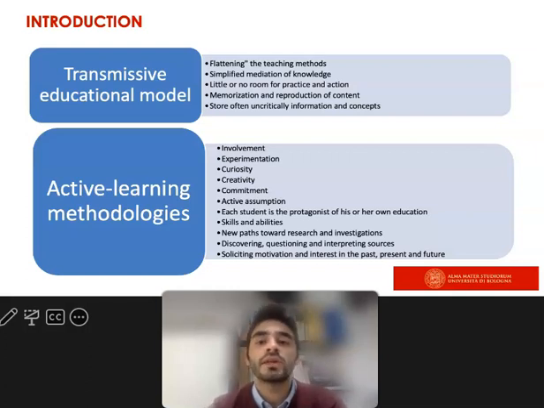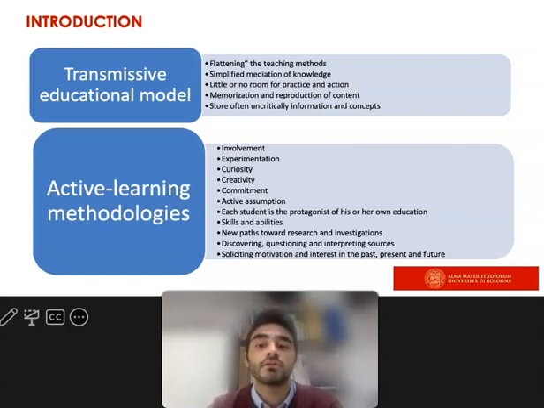As introduction, we can say that a transmissive educational model has limitations both on the level of discipline-specific didactics and with regard to cognitive and relational processes. As far as disciplines are concerned, in the frontal lecture there is a risk, if it is the only mode adopted in transferring content, of flattening the teaching method, with the prevalent use of words, narration, and description, through a simplified mediation of knowledge where there is little or no room for practice and action, that is, the construction of historical knowledge.